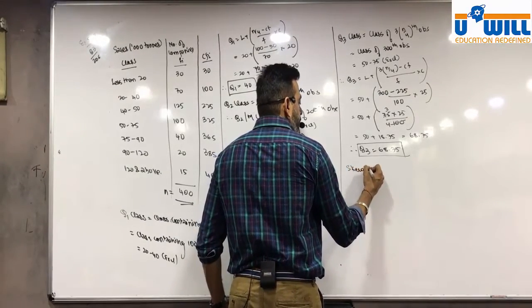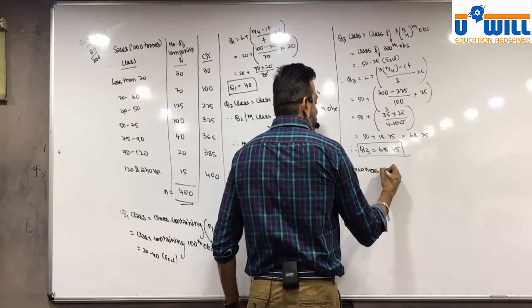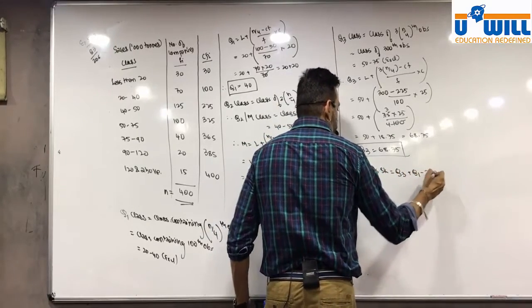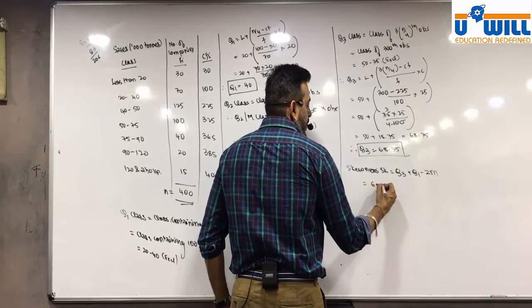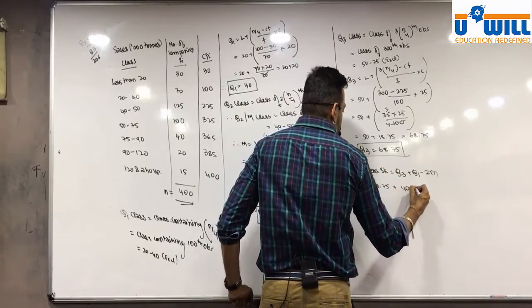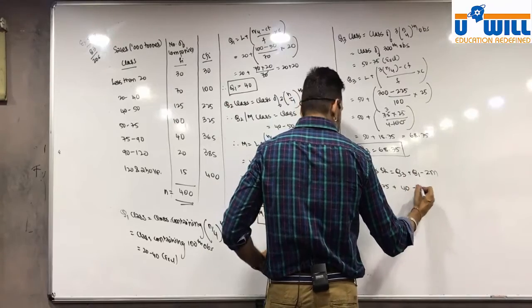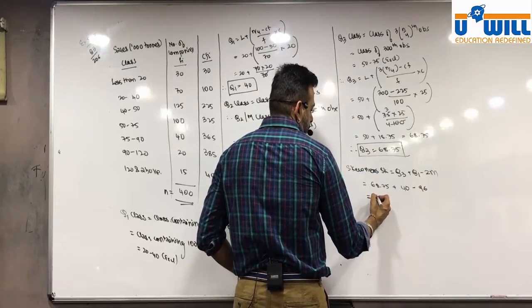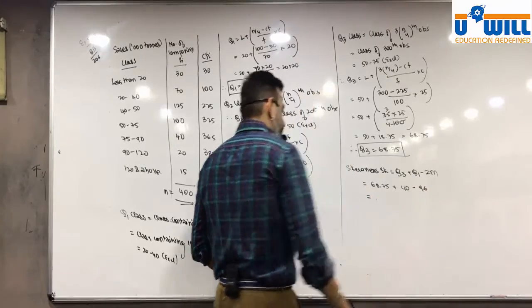Skewness SK is equal to Q3 plus Q1 minus 2M. 68.75 plus Q1, 40 minus 2 into median, which is 96. How much? 12.75.